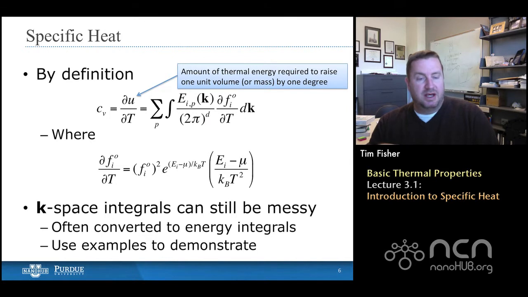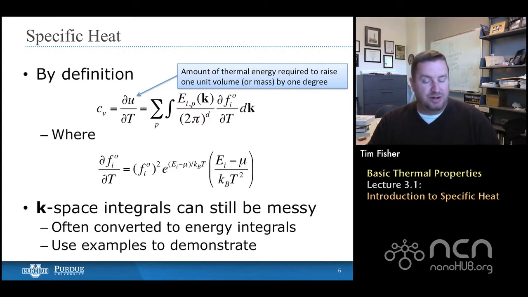So we only need to differentiate that one part of the integral or summation. And we're showing here, underneath the definition equation for specific heat, that temperature derivative of the distribution function explicitly. And it's not all that complicated. By differentiating with respect to temperature, we find that we have the distribution function again, but squared, multiplied by an exponential term, and then a term that shows the ratio of particle energy or carrier energy to thermal energy, divided by temperature.